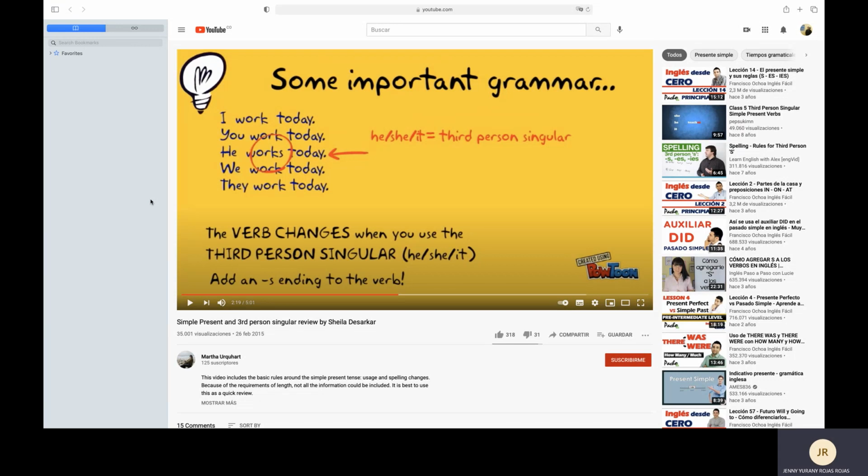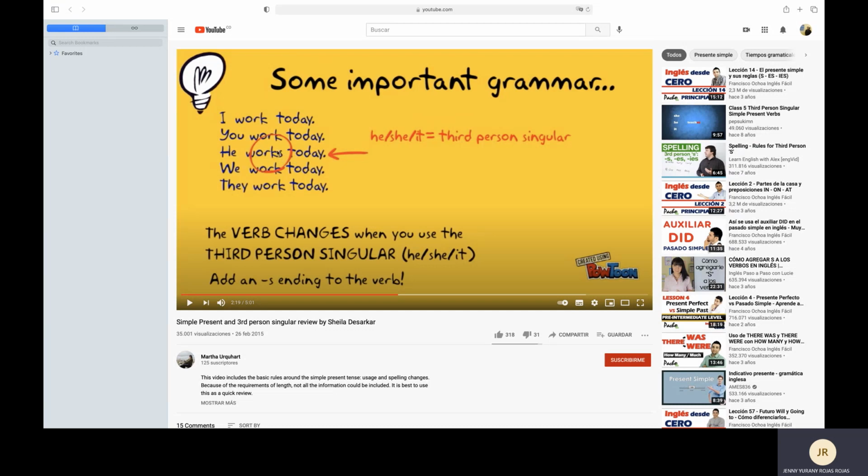Entonces, en esta parte algo importante es que cuando nosotros ya empezamos a conjugar alguno de los verbos que hacen parte de la lista que vimos, en este caso eligieron trabajar, I work today, yo trabajo hoy, cuando lo conjugamos con las distintas personas de los personal pronouns, y cada vez que yo escribo una oración con alguna de las terceras personas del singular, entonces hay una pequeña alteración en el verbo.